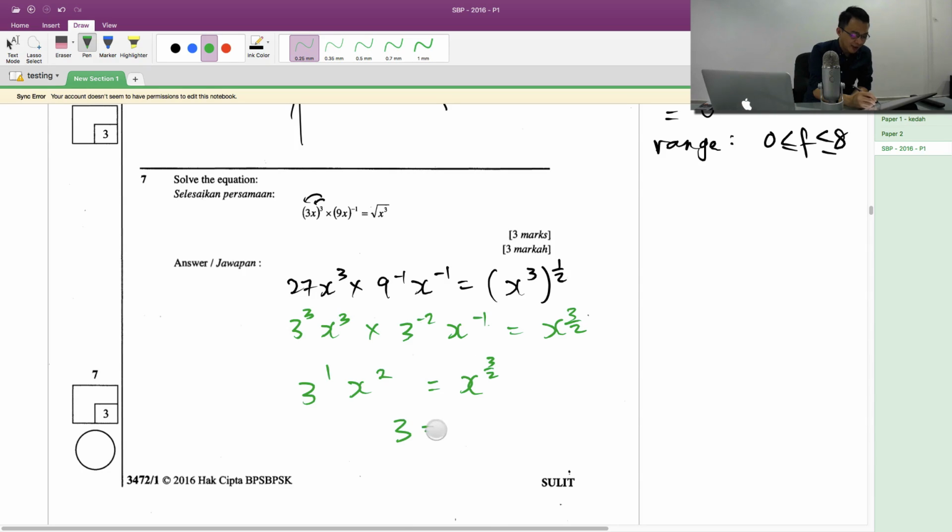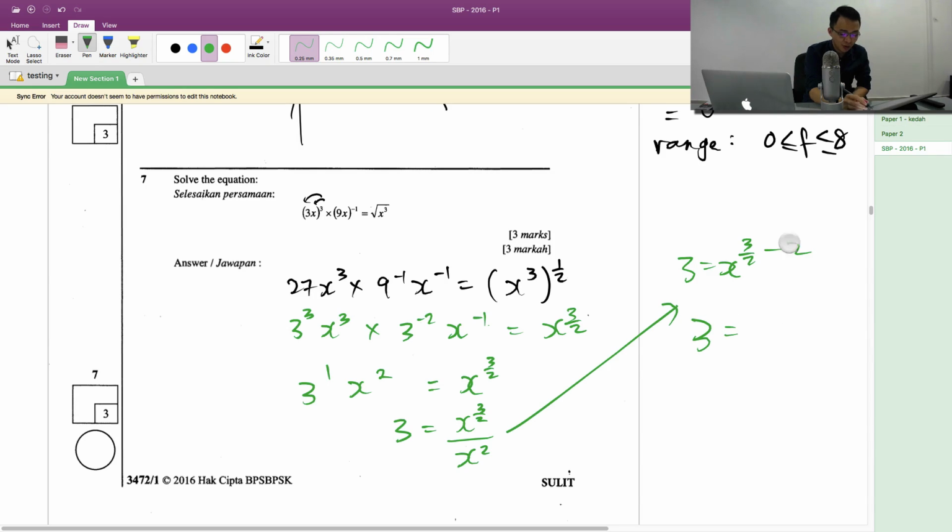So 3 basically x squared, I move to the other side, is just divided by x squared. If divided by x squared, divide actually means minus. So I say 3 over 2 minus 2. So x equals to negative half. If this is negative half, what I want to do is change it into a positive.